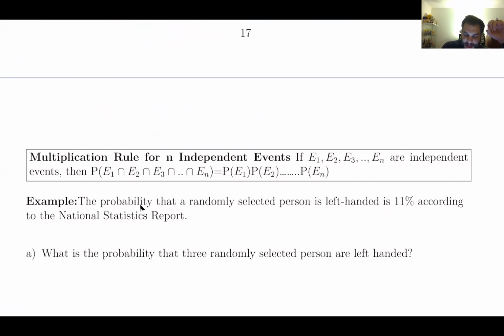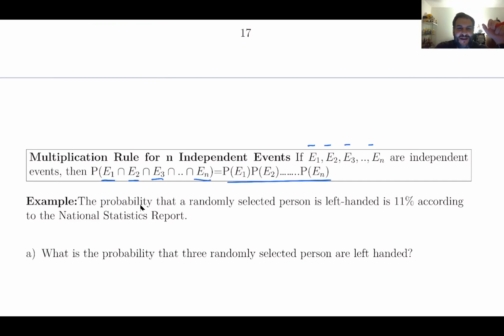Because if all of these events are independent from each other, and we want to find the probability that event E1 and E2 and E3 all the way to En occur, we just multiply all of those events' probabilities. That's what we're going to do on the next problem. Any questions in regard to that formula or expansion of that formula?